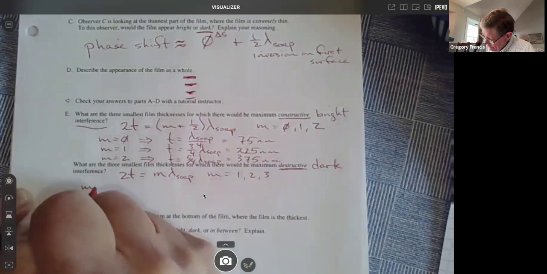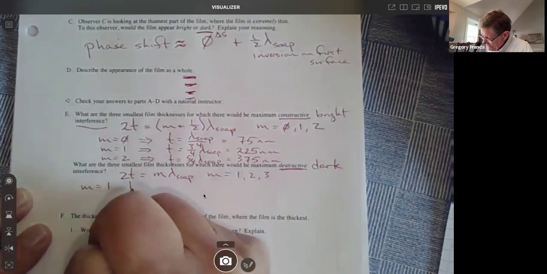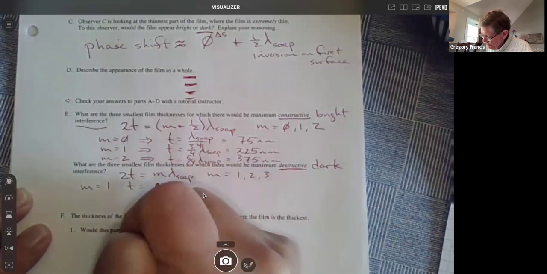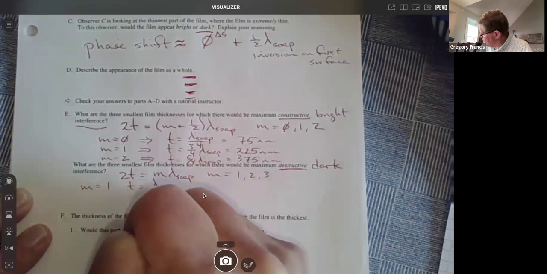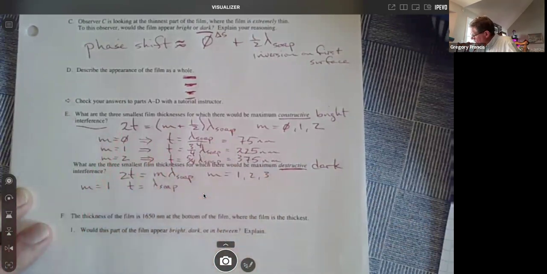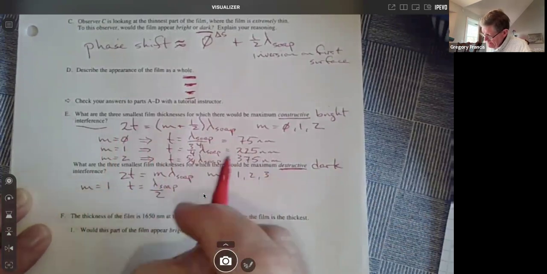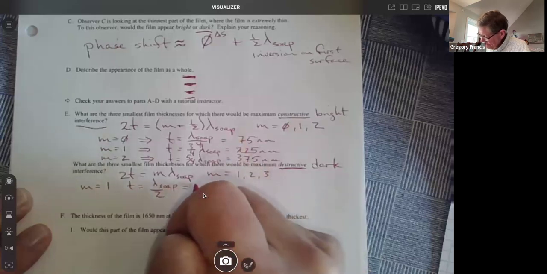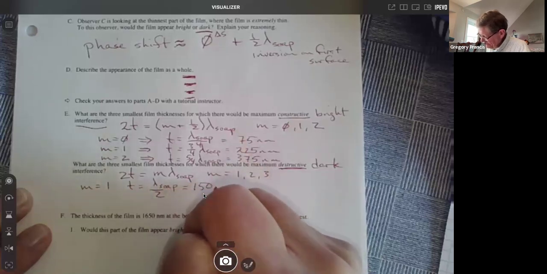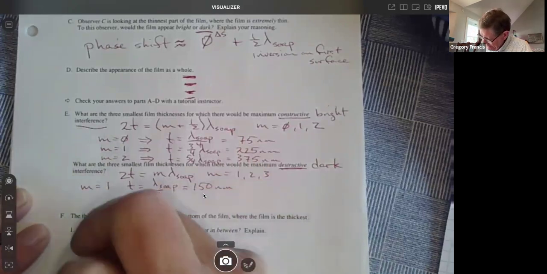And so for m equal 1, I'm going to have t equal to lambda soap over 2. And that's going to give me 150 nanometers. And that's what we saw again on the other page.